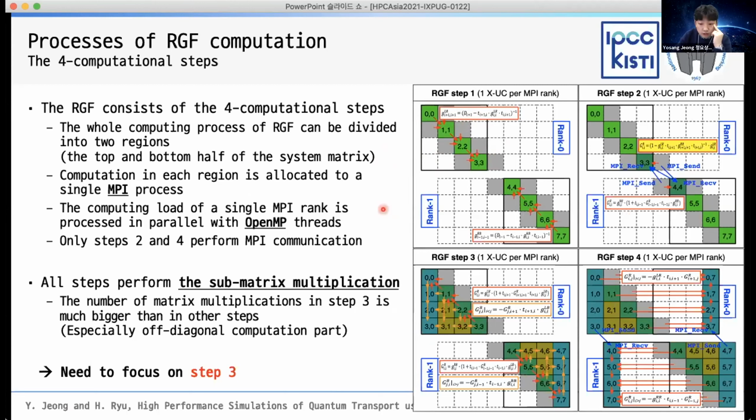As we can see, all steps of the RGF algorithm perform the submatrix multiplication. But the number of multiplications in step 3 is much bigger than in the other steps, because step 3 computes the half of off-diagonal matrices. So we need to focus on step 3.